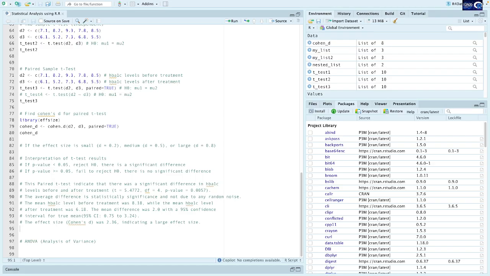When it comes to the QQ plot for the normality assumption, the points are close to the straight line. They mostly follow the diagonal, with minor tail deviations here and here.